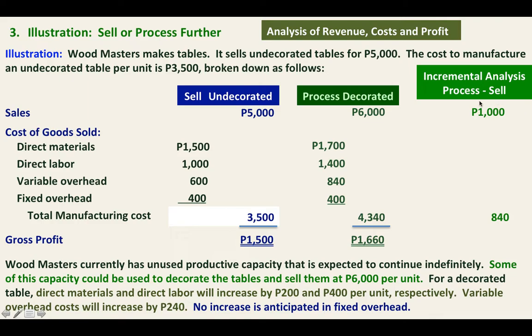So we are generating revenue of 1,000 and cost is 840. Based on our discussion for sell or process, as long as the revenue is higher than cost, then we have to process further. So in this case, the rule is applied. The revenue is higher than cost and the difference is 160.